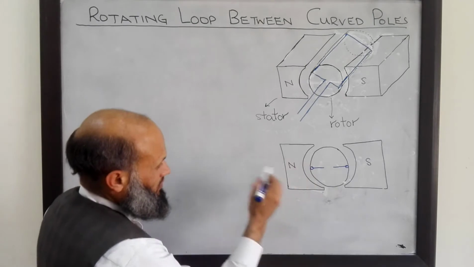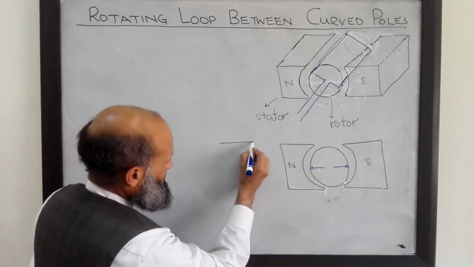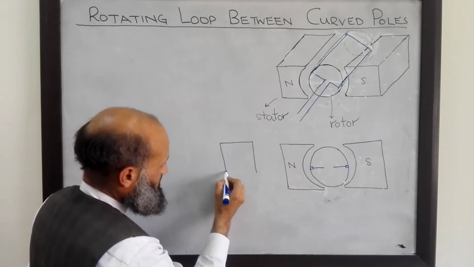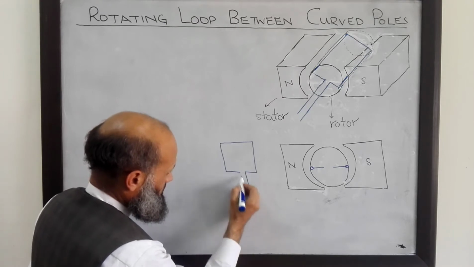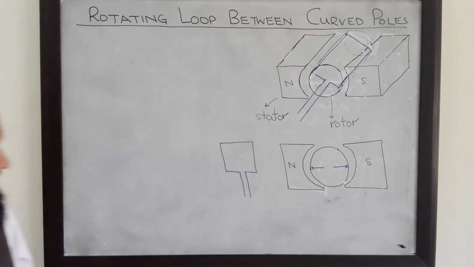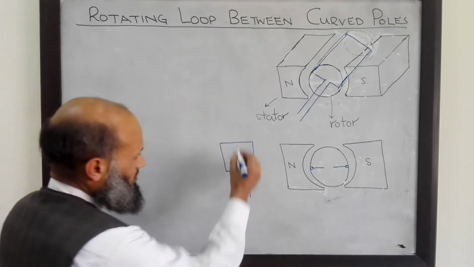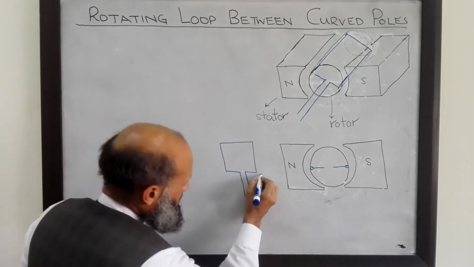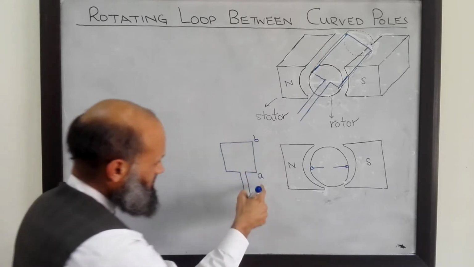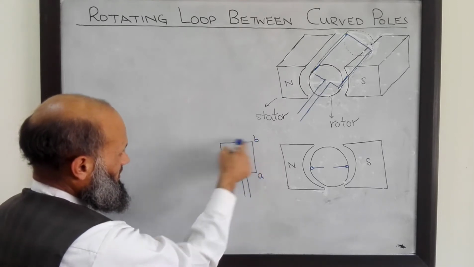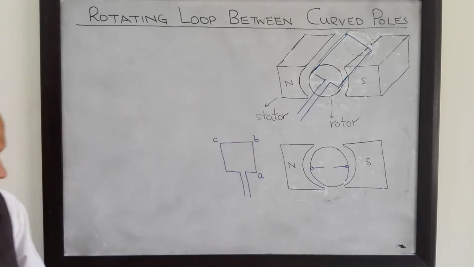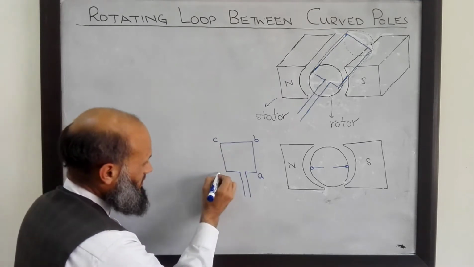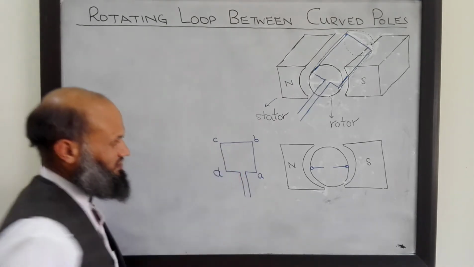This coil is of this rectangular shape, and let's also name these sides of the coil. This is side AB, and this side, let's name it side BC, and this side is CD.